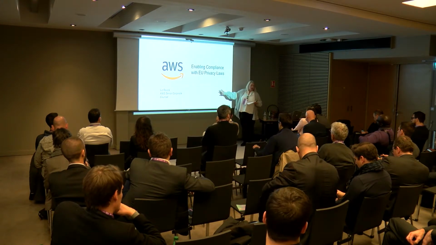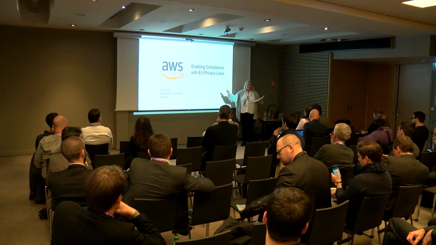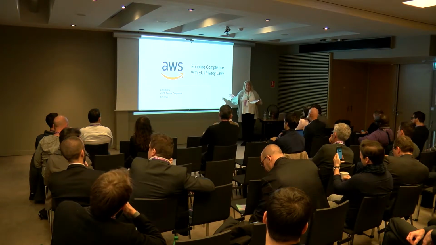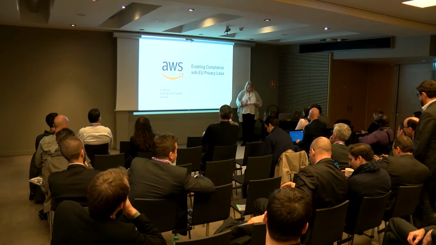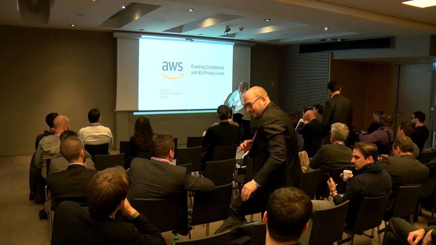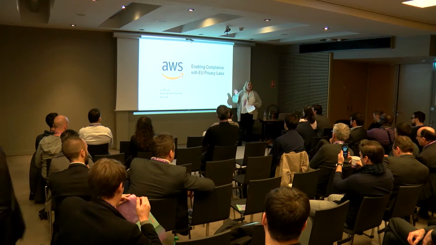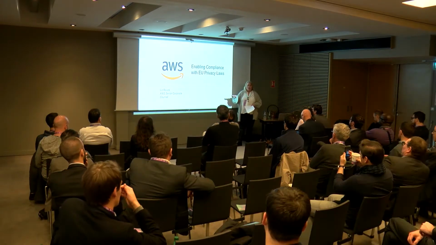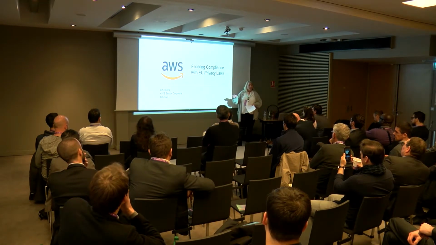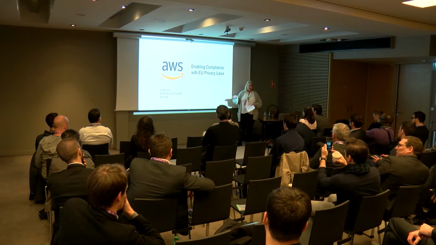Again, we're just talking about privacy and data protection, a lot of other stuff that you need to comply with that we're not talking about today. So I'm going to start out first with a discussion of where we are today in terms of legislation, some key concepts in data protection legislation.